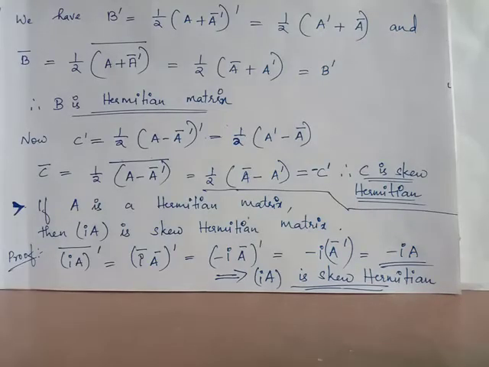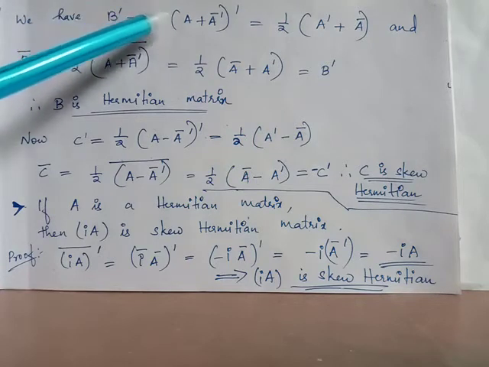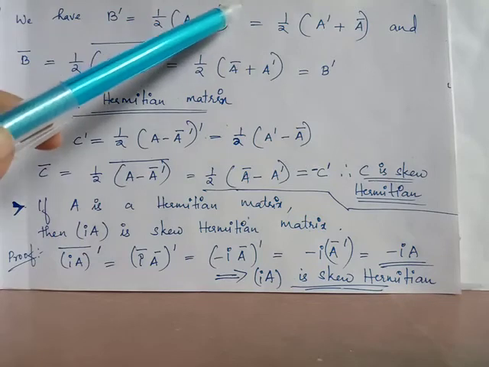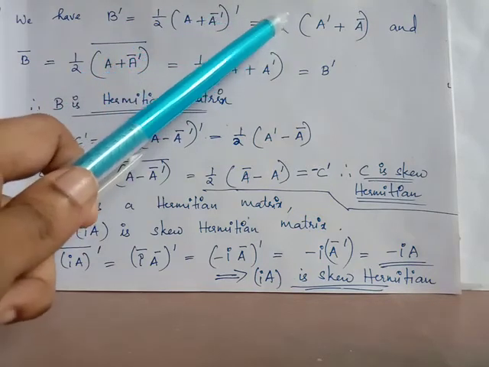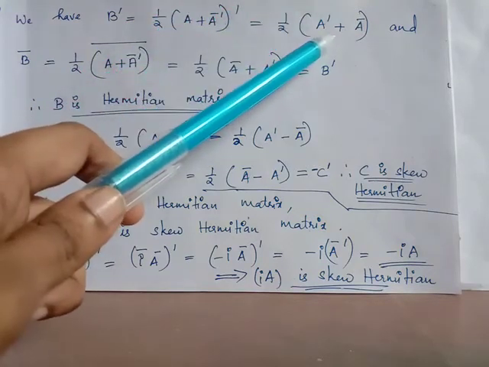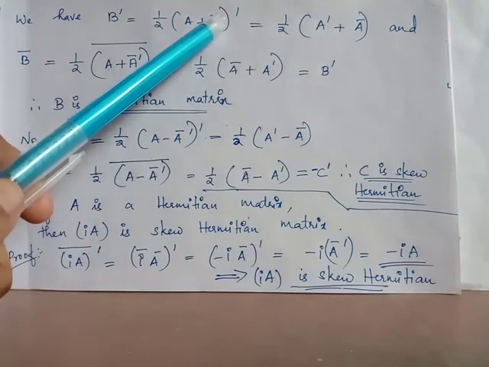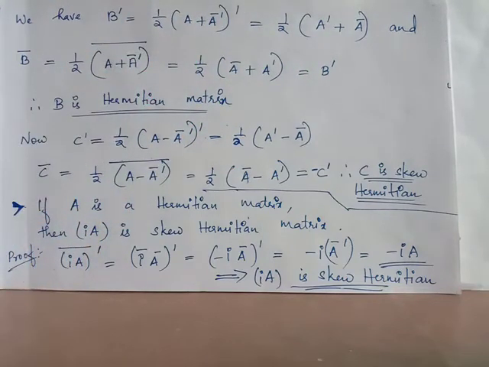We wish to check whether B is a Hermitian matrix. So we take B transpose, which is half times A plus A conjugate transpose the whole transpose, which can be written as half times A transpose plus A conjugate, because A conjugate transpose the whole transpose can be written as A conjugate itself.